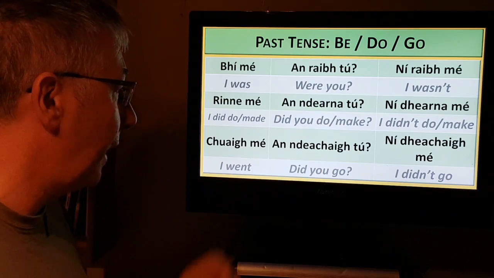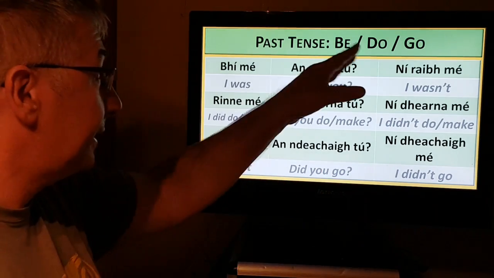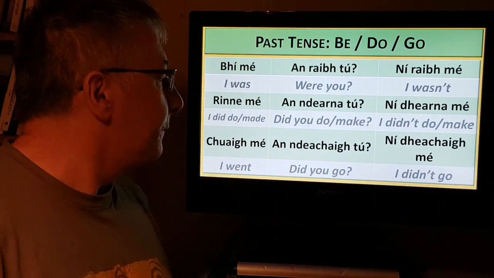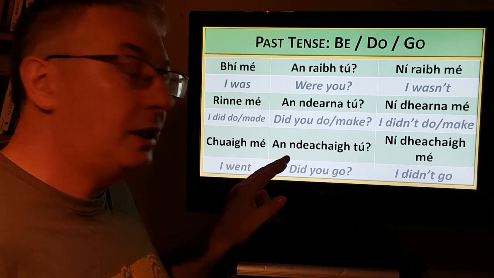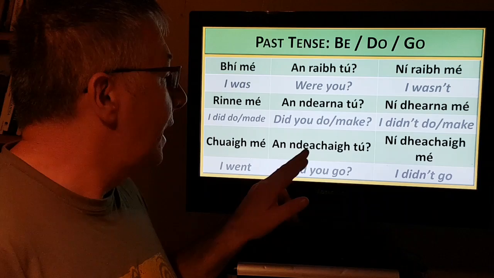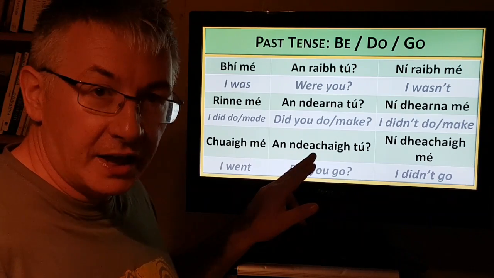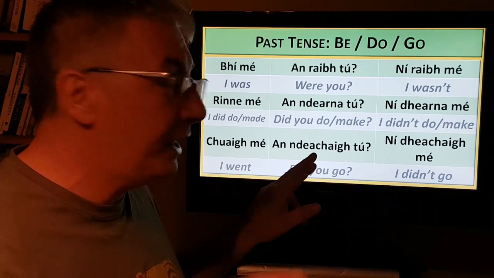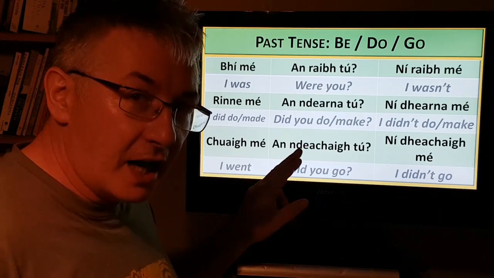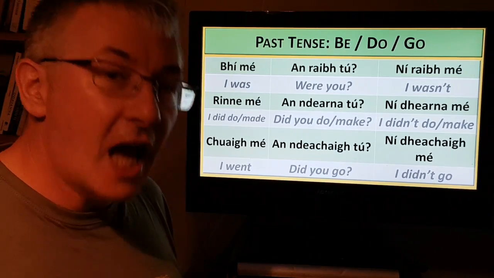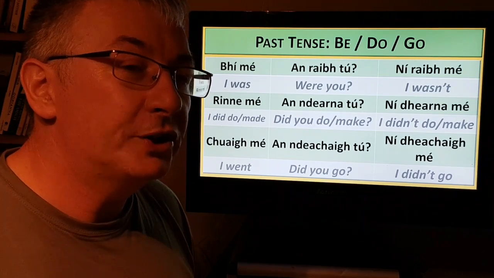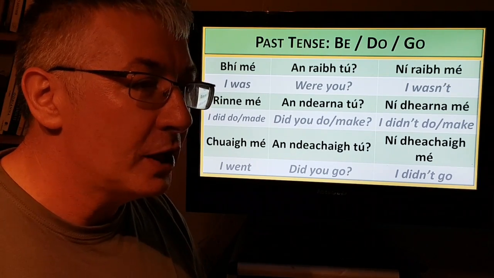So did you go? And I suppose this again, to slow down individual elements, "an ndeachaigh". So it's like an NY sound again, same as "an ndearna", "an ndeachaigh tú", and there's a guttural sound. Don't say "nyaki". It's not a K sound.